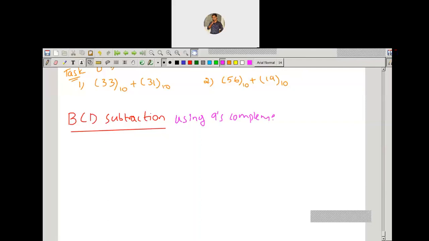Because here it is binary coded decimal. That is, you're talking about the decimal digit, that is r equals 10. So you can do the r minus 1's complement as well as the r's complement. I already told you the subtraction by using the complement method. So first let's do it using the 9's complement. After that we'll go for the 10's complement.